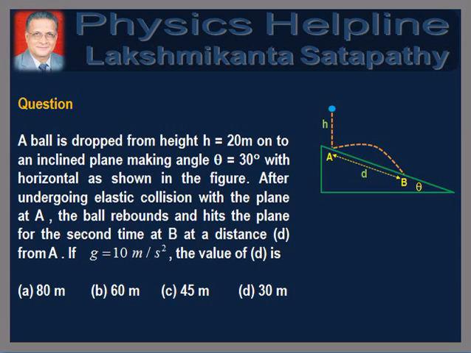After undergoing elastic collision with the plane at A, the ball rebounds and hits the plane for the second time at B at a distance d from A. If the acceleration due to gravity is 10 meters per second square, the value of d is. The options are 80 meters, 60 meters, 45 meters and 30 meters.